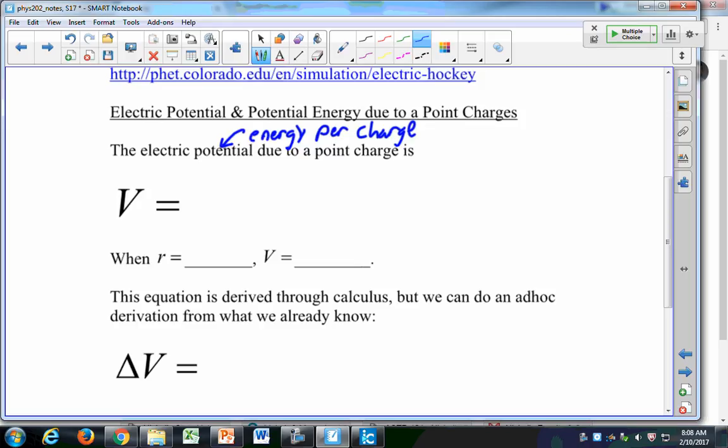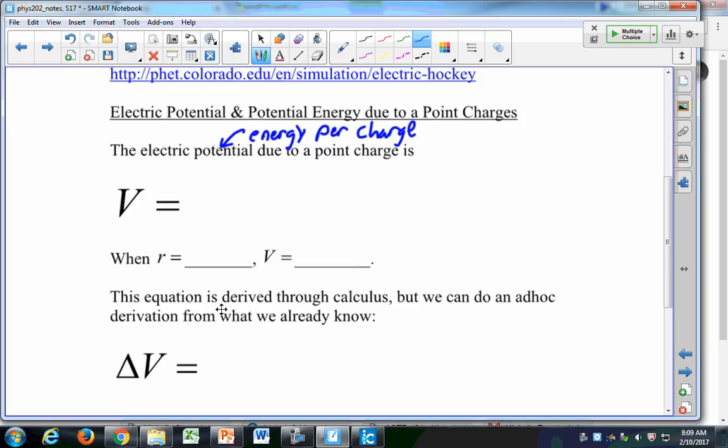So I'm going to have a charge, and then over here in space, I'm going to describe the potential at a particular point in space. Sort of like the field in that way. I don't have to have another charge over there. I only have a single charge. But if I were to put a charge over there, it would experience the amount of energy that is described by the potential. All right, so it's sort of a construct that we've made up, but it works to help us describe how these charges interact.